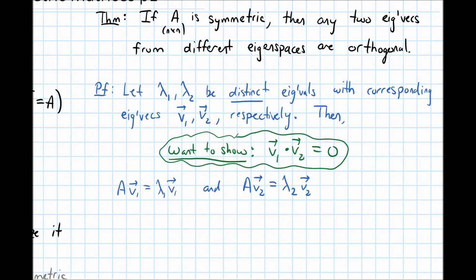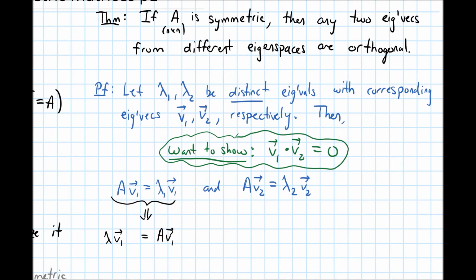So the other thing that I'm going to notice about this is, if I focus on this first equation, for example, if I want to get v1 dotted with v2 into this equation somehow, we can just dot both sides by the vector v2. So let's go ahead and do that. In fact, I'm actually going to switch the order of these two sides. Let me write lambda 1 v1 first, and this will be equal to A times v1 on the other side.